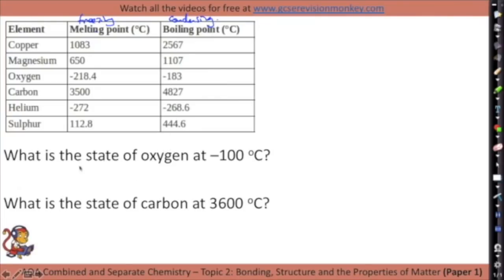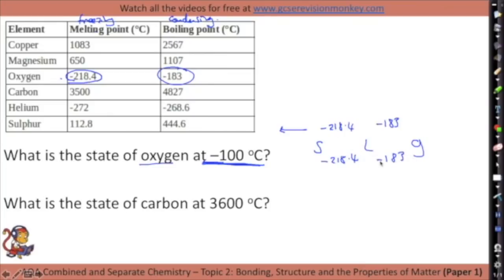So, for example, if they said what is the state of oxygen at minus 100 degrees C, perhaps the easiest way to do it might be to write out the solid, liquid and gas and realise that from the table oxygen melts at minus 218, so that would be its melting point and also its freezing point, so we can write those in, and it boils at minus 183 degrees C, and that means it would also condense at minus 183 degrees C. So if the number is lower than the minus 218, that would be a solid.